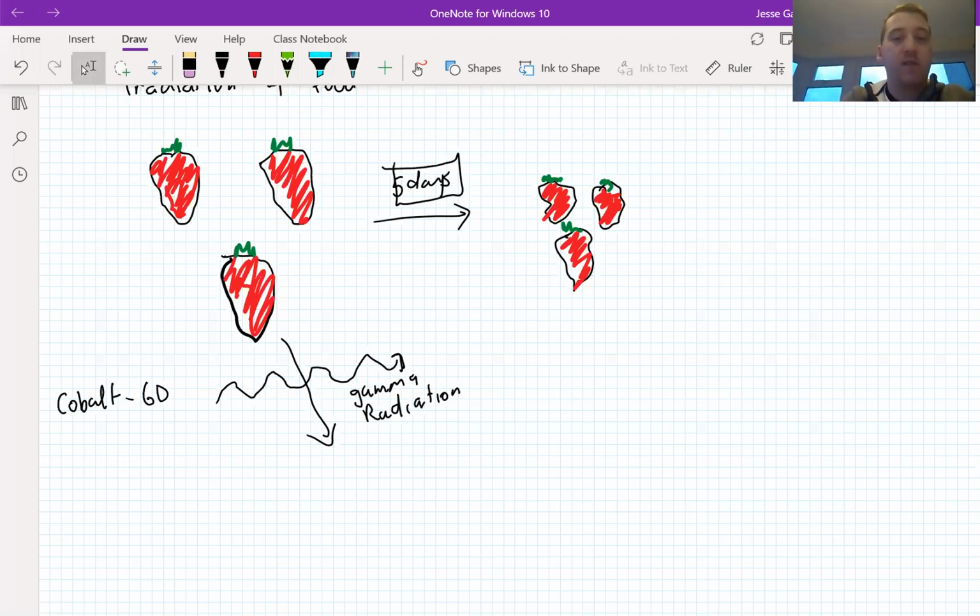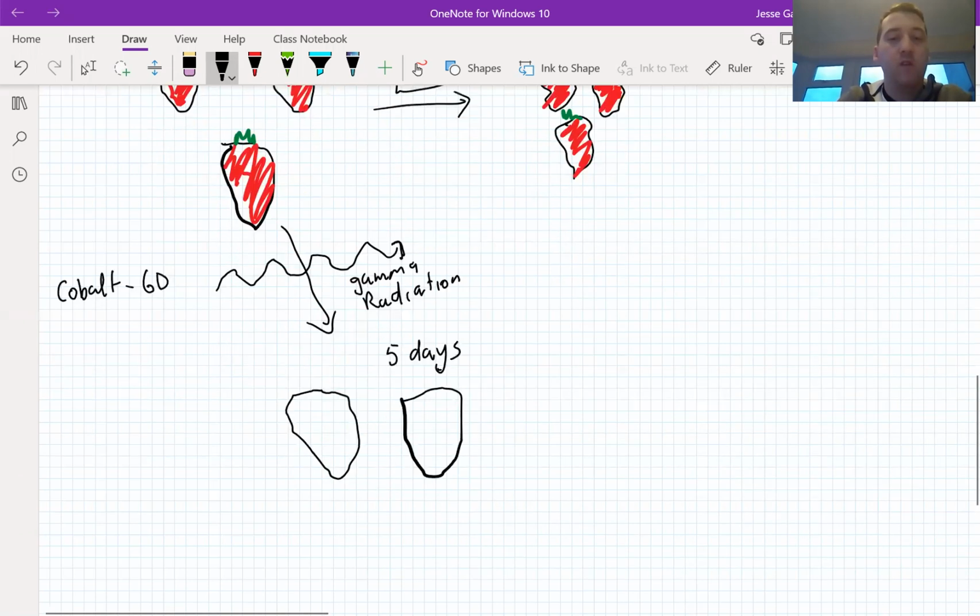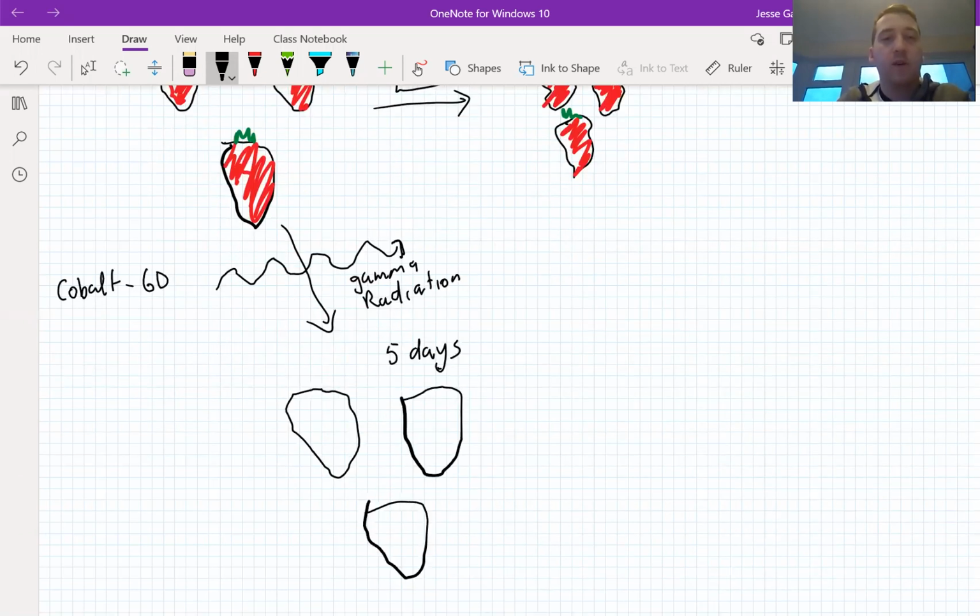Then after five days, what happens is we still have nice fresh strawberries. So we're using gamma radiation as a method of preserving food. Here are my strawberries, and they are still nice and fresh and still edible.